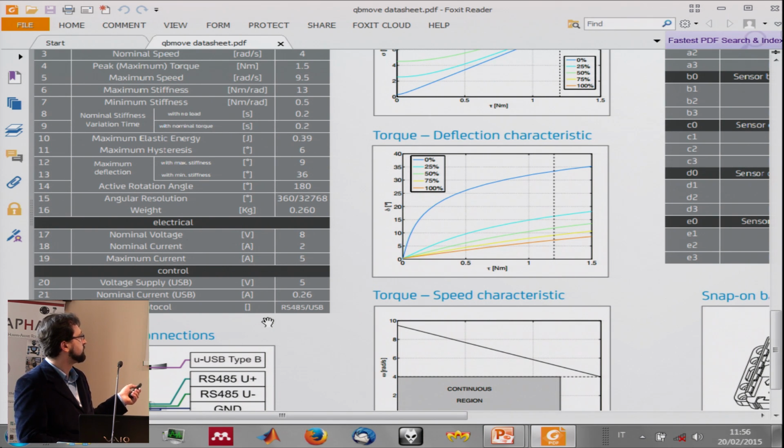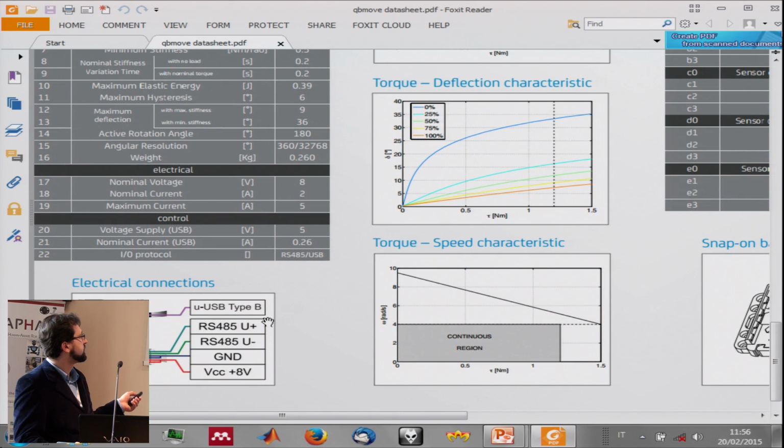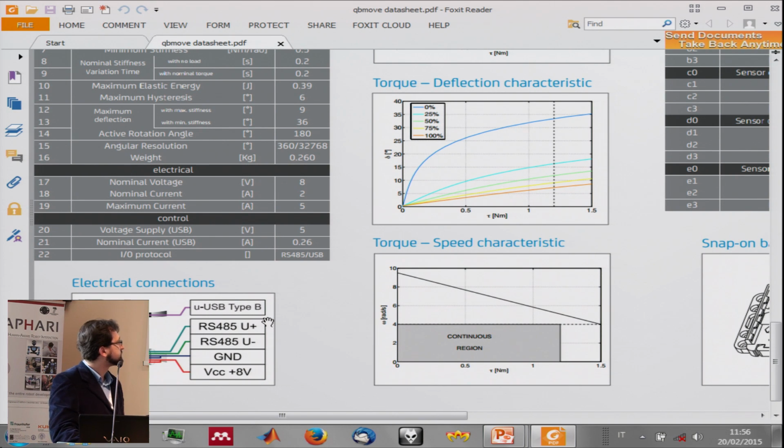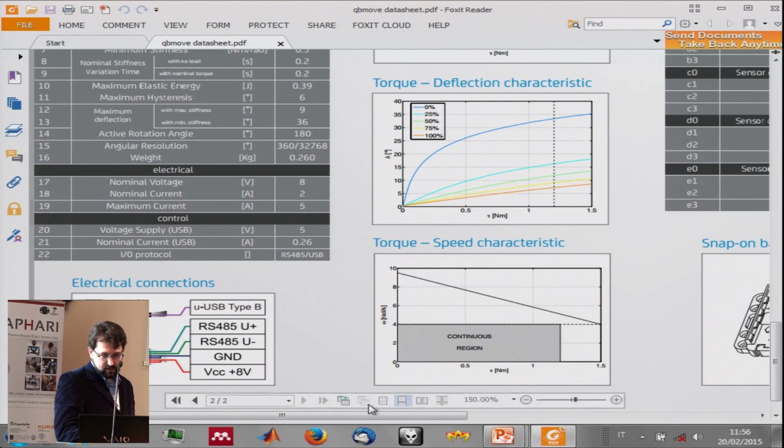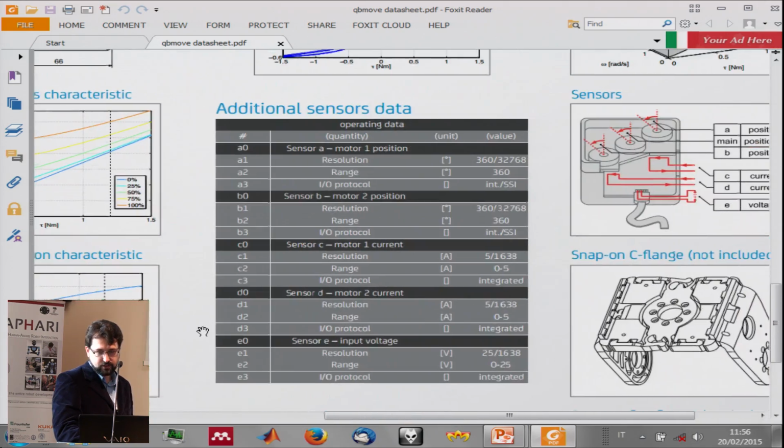It's the power supply of the control, which in our case is USB, and the nominal current driven by that port. Also, we have the I/O protocol, which is based on RS 485 over USB. Then we have a schematic of the electrical connection, which is explained in more detail in the manual, of course, but here it's on the data sheet. And then we move to the second page.